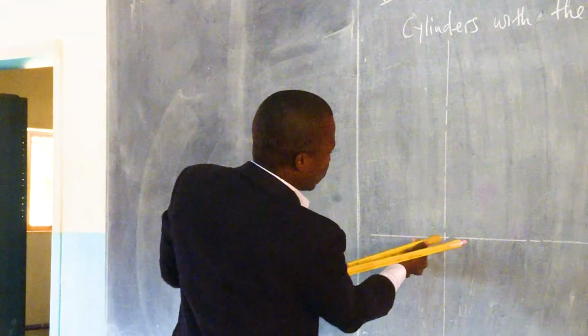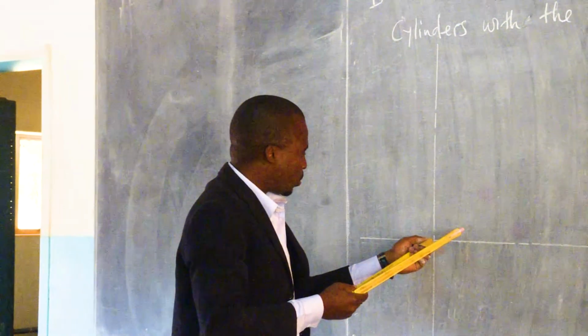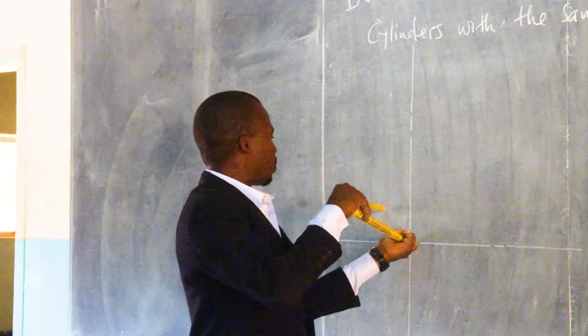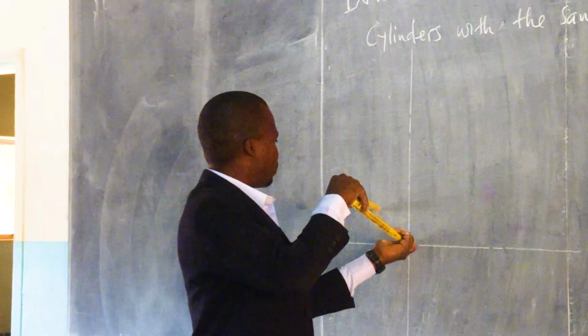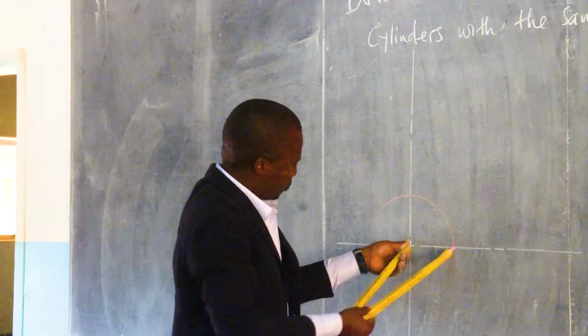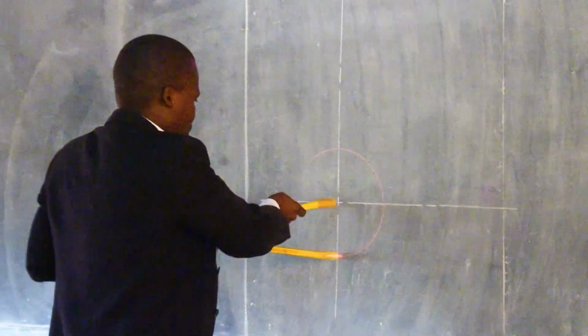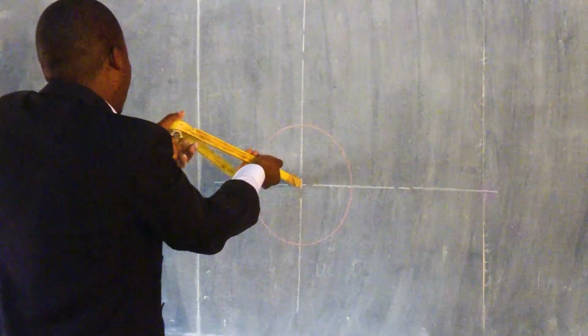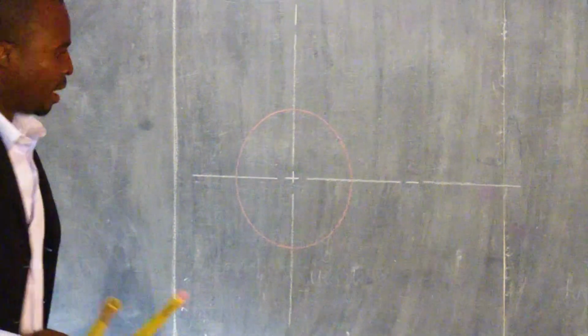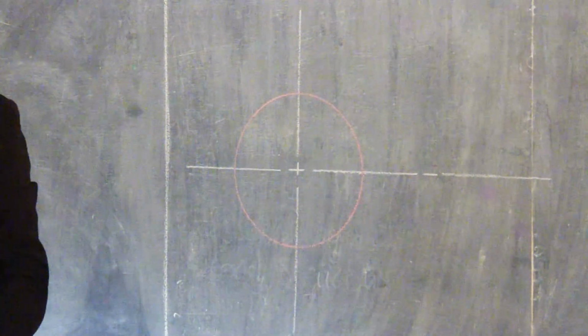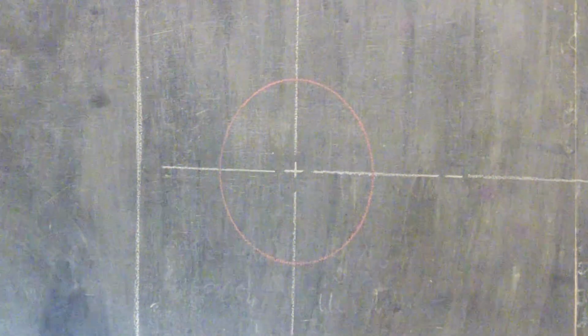Remember, a cylinder, when you look at it on top, what you are going to see is a circle. That is our plan of the cylinder.